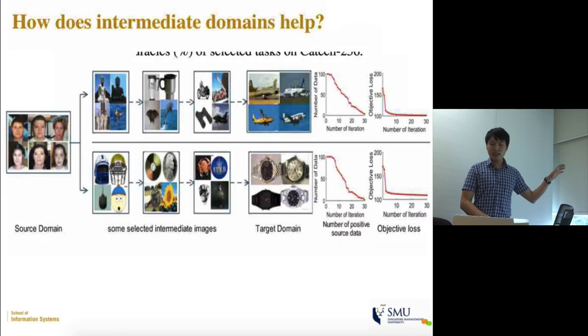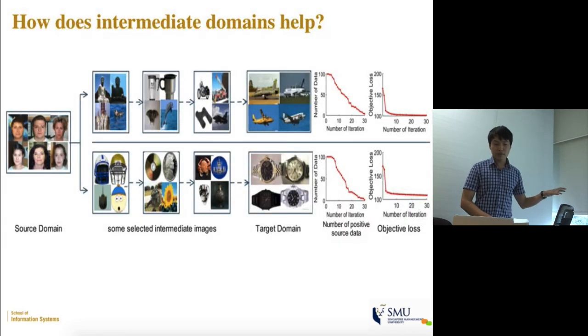Okay, and the second experiment is pretty interesting. They try to understand how the intermediate domain instances can help transfer the knowledge from the source to the target task. These are images of human faces in the source domain, and then they try two different target domains.